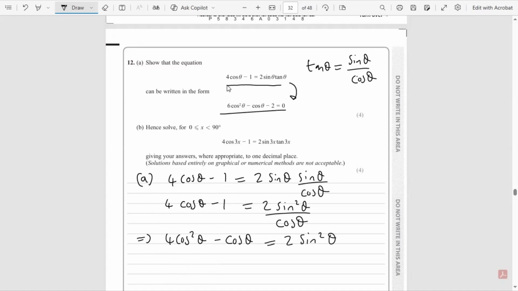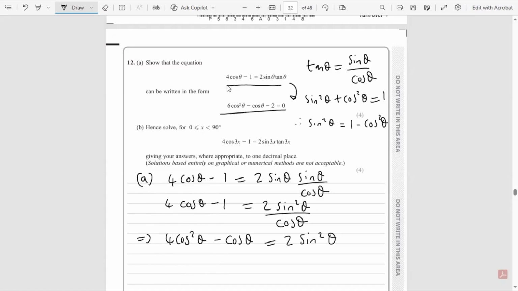Now, if you remember one of the other trig identities, you will hopefully remember that sine squared plus cos squared is equal to 1. Let's just write this down here. So sine squared theta plus cos squared theta is 1. So therefore, this means that sine squared theta is equal to 1 minus cos squared theta.